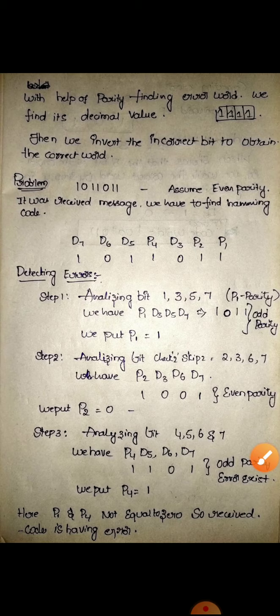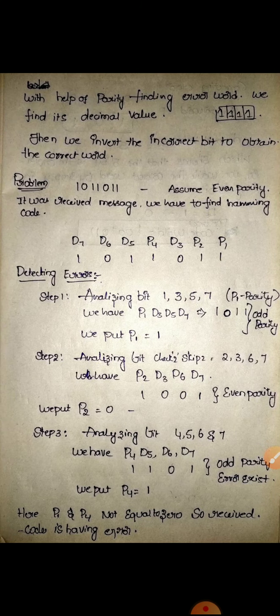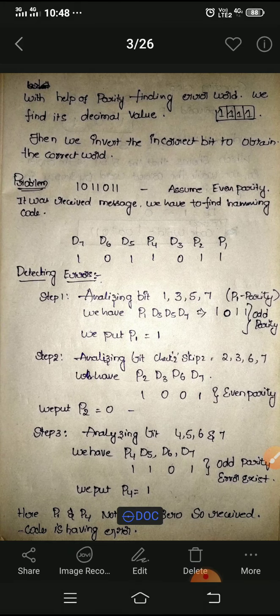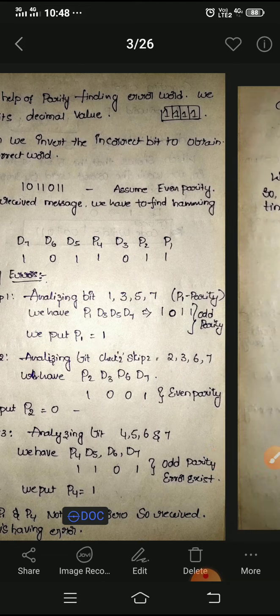So what is the correct code word? 1 0 0 1 0 1 1. So this is the error free code. Whatever we received previously was the error code. So we have detected the error and corrected the error with the help of the Hamming code.